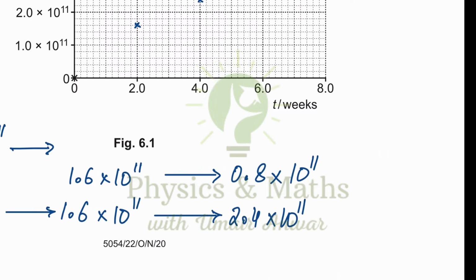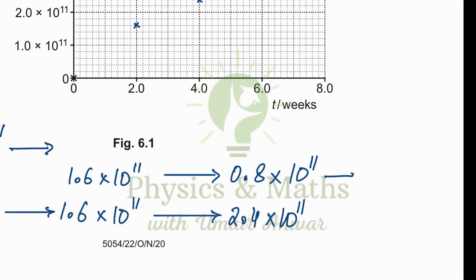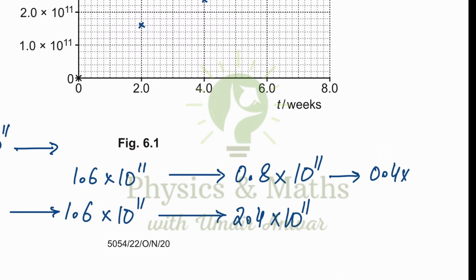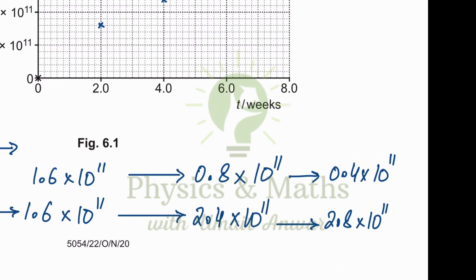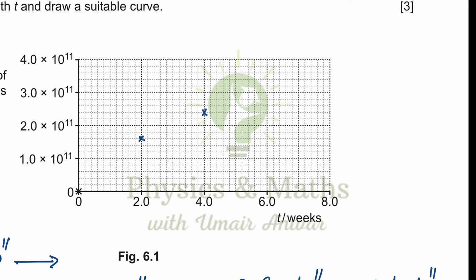Now after further 2 weeks, this becomes 0.4 into 10 raised to 11. It becomes further half, and the quantity which was decreased would be added over here. So it becomes 2.8 into 10 raised to 11. So the next point would be 2.8 into 10 raised to 11.